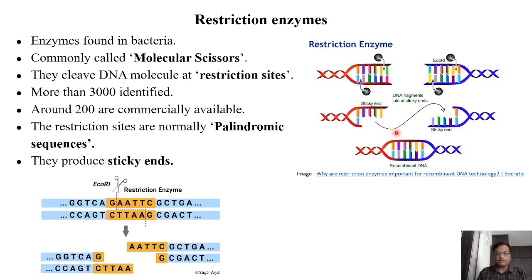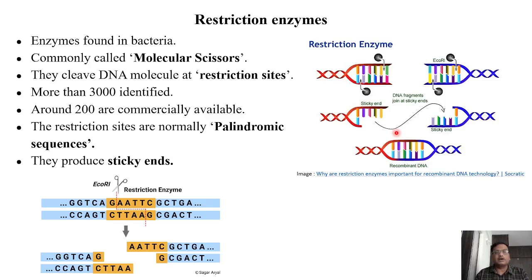As we already mentioned in another video, the gene manipulation technique or the recombinant DNA technology involves many types of chemicals and many enzymes. Some of the important enzymes are restriction enzymes, ligases, etc. So the first we are going to study is restriction enzyme.